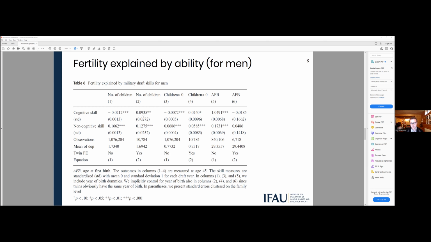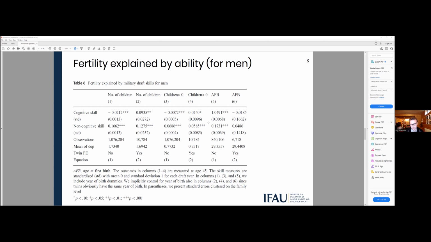When we look at having children at all, instead in columns 3 and 4, it's basically the same picture. We have a negative relationship between cognitive skills and having children. When we estimate the overall raw association, it then becomes a little bit positive when we estimate it within families, but only marginally significant in this case. For non-cognitive skills, again, we instead have a negative push when we include the twin pair fixed effects.